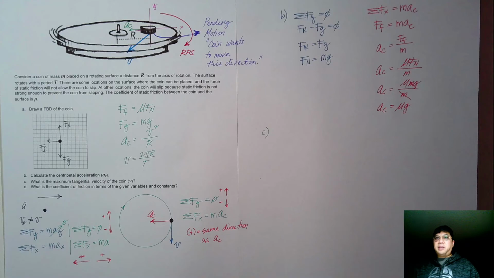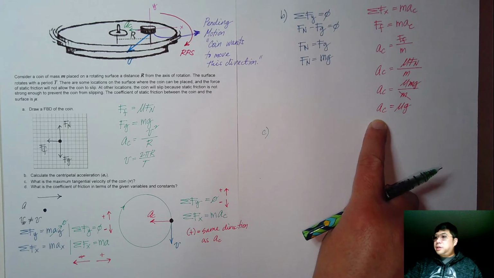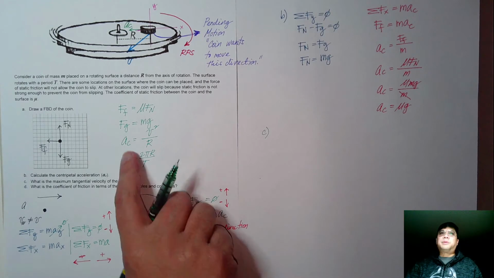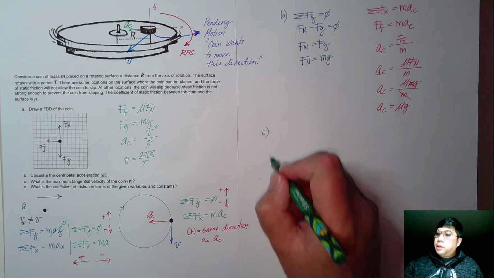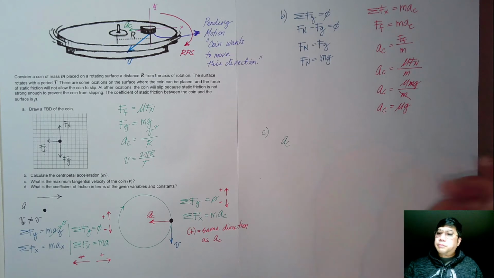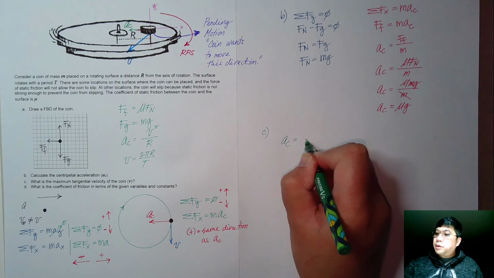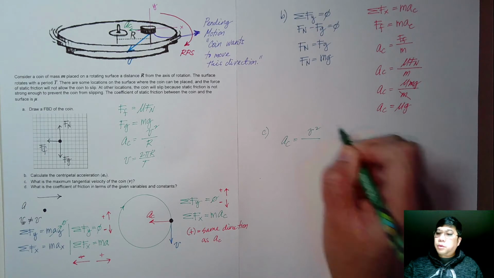Okay, so at any given point in time, what is the maximum velocity? So it means we need to derive an equation. So why don't we use this relationship of centripetal acceleration? Centripetal acceleration is equivalent to the square of the velocity over r.